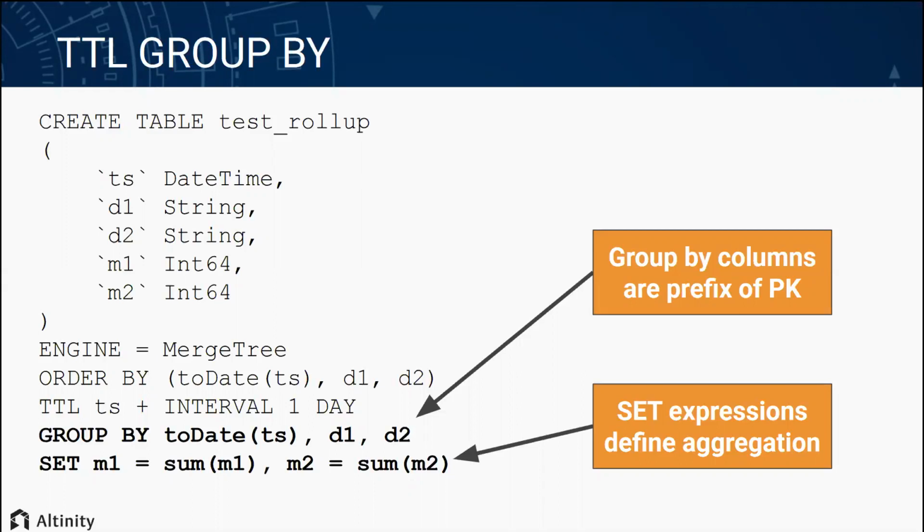In order to do that, you define a TTL expression. In this example, I define a TTL expression with a 1-day TTL that groups data by 3 columns. Those 3 columns have to be the prefix of the primary key. Then you specify the aggregation function that needs to be applied. It could be sum, it could be count, it could be any ClickHouse aggregation function.